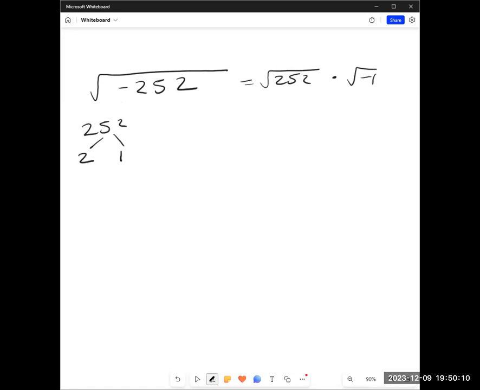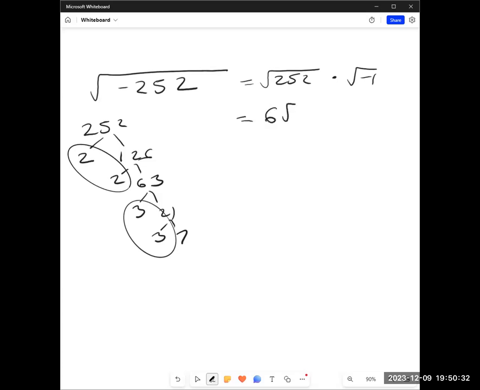That's 2 and 126, which is 2 and 63, which is 3 and 21, which is 3 and 7. So I have a pair of 3s, a pair of 2s that can come out as a 6. So this is 6 root 7 and an i on the end.